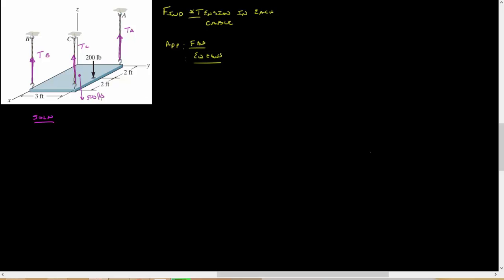So my solution is as so. I could sum my forces in the z. If I sum my force in the z direction, I'm going to have TB plus TC plus TA minus 200 pounds, since I've got this 200 here, minus 500 pounds, the weight of the plate.